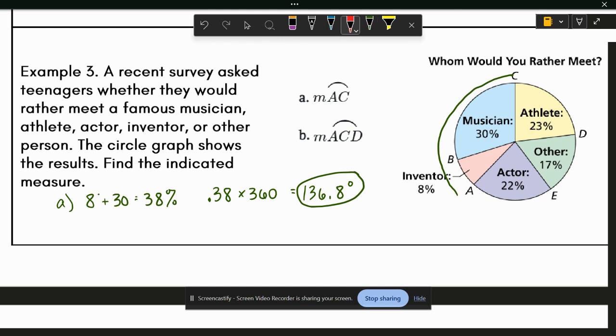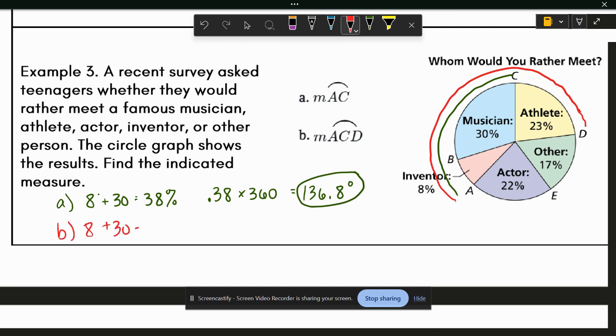So take a look at letter B. I'm going to do letter B in red. It wants us to find ACD. So that first part we had 8% plus 30%, so 38%. So now we're going to have 38 plus 23, which gives us 61. So I'm going to write that out for you just so you have it in your notes.